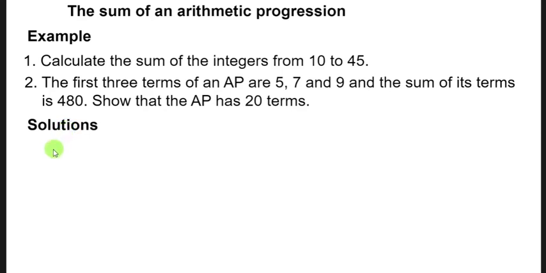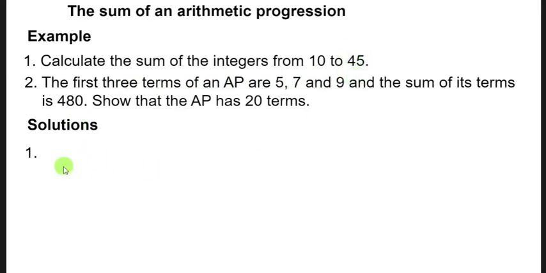So we are going to say solutions 1. So 1 for question 1. So we are told calculate the sum of the integers from 10 to what? To 45. So we know the last term is 45.